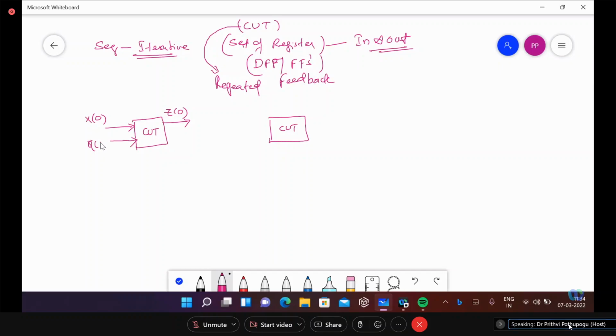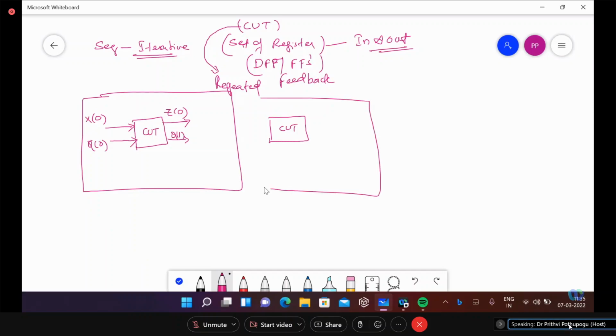So if this is Q of 1, that goes to the next stage. Now, if I isolate one stage from the other separately, the number of registers needed will be more.